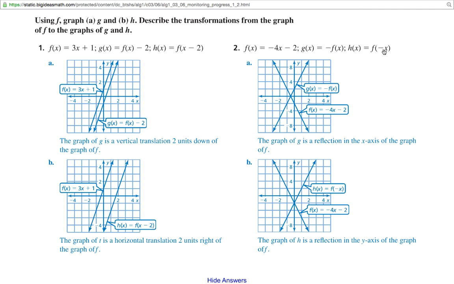So because of that, you're going to go through all your inputs, whatever number you use, whether you use 0, 2, 1, -1, you're going to multiply whatever x you get by -1, and then plug that into your f of x, and that'll be your new output. And when you get that, you'll end up seeing that it ends up reflecting right over the y-axis for the other one. Hopefully that works out a little bit better. We'll do some more practice in class.